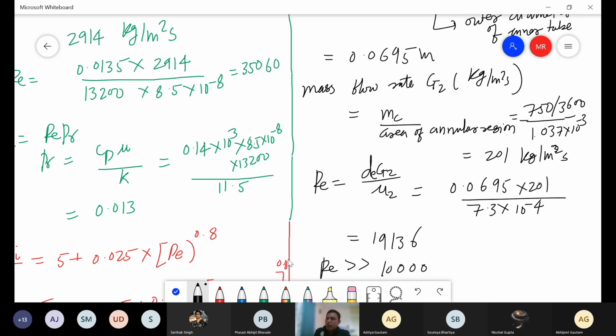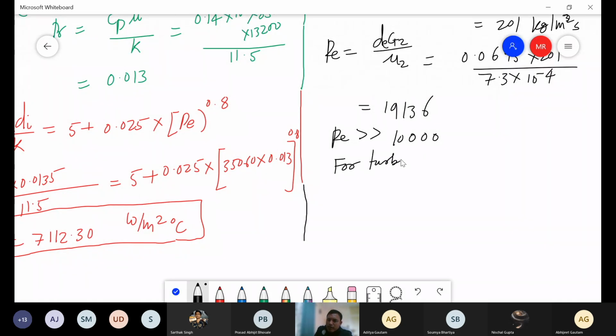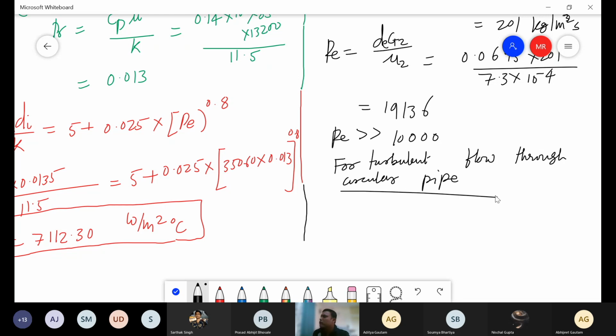So flow condition is a turbulent flow. So for a turbulent flow through a circular pipe, which equation is the most appropriate one? Remember, once we have taken the equivalent diameter, now we are only talking about the circular pipe, isn't it? So which equation should one use? Dittus-Boelter equation, isn't it?